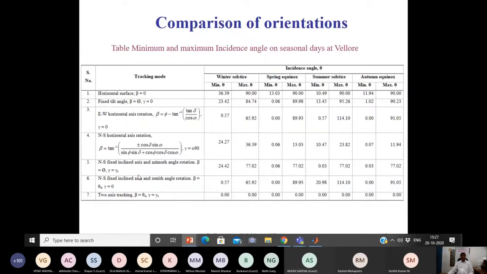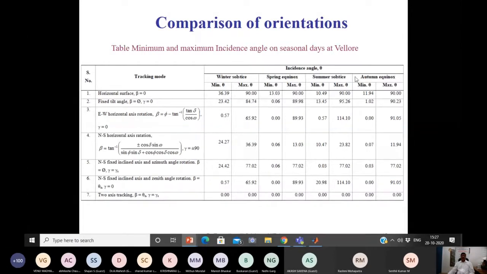This is the condition beta is equal to phi and gamma is equal to gamma s. And next is the north-south fixed inclined axis and azimuth angle rotation, beta is equal to theta z and gamma is equal to 0. That means from 3 to 6, these are single axis tracking systems. The last one, the 7th, is the 2-axis tracking system. You may see in the 2-axis tracking system, the resultant incidence angle is always 0.